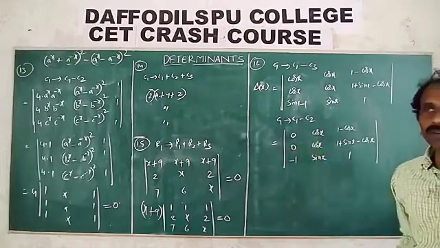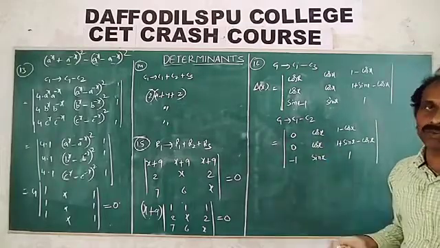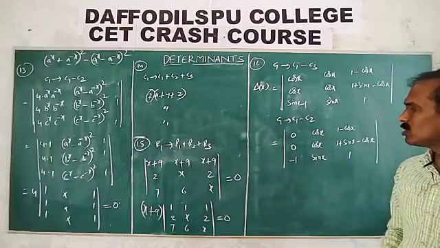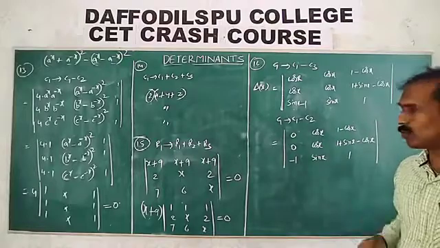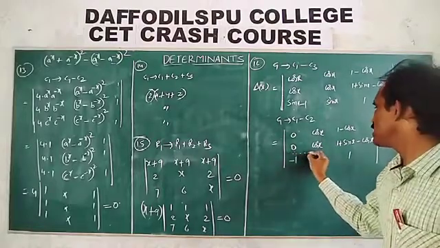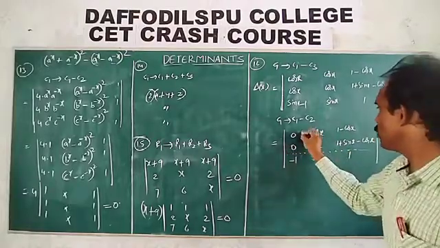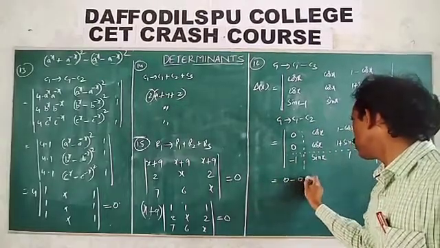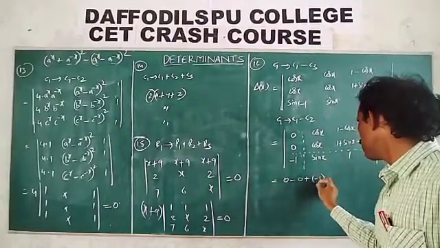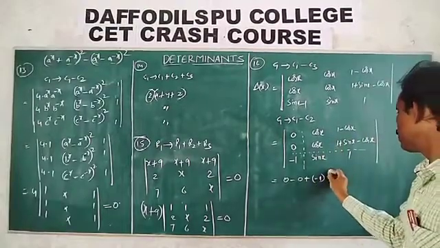Choose the column or row with more zeros and take the determinant with respect to that. So I will take the determinant with respect to the first column. The first entries are 0, so only minus 1 remains. Take this determinant.